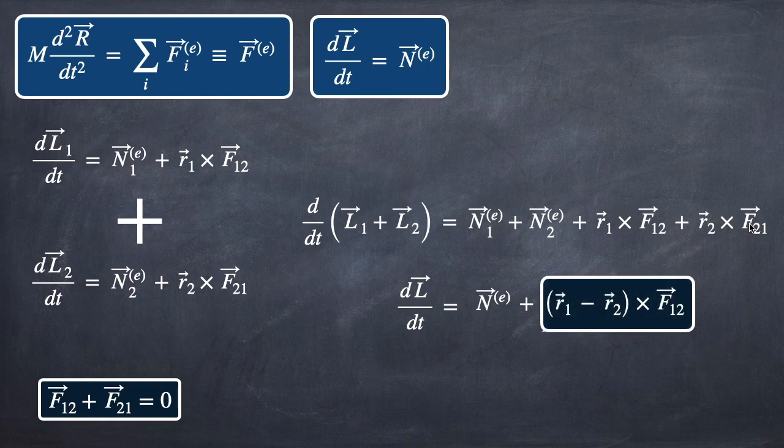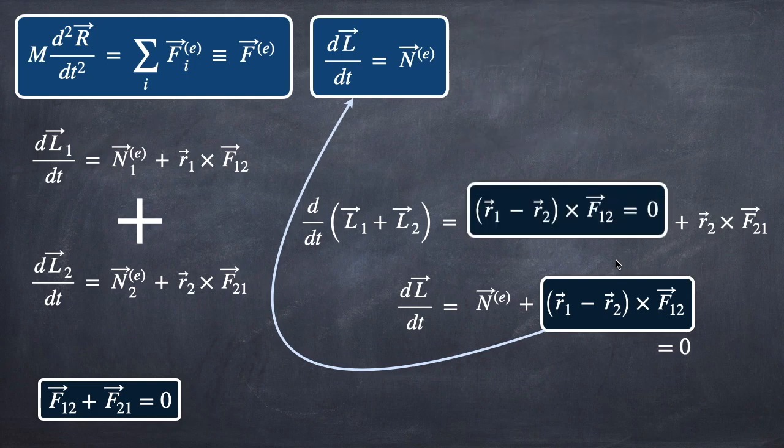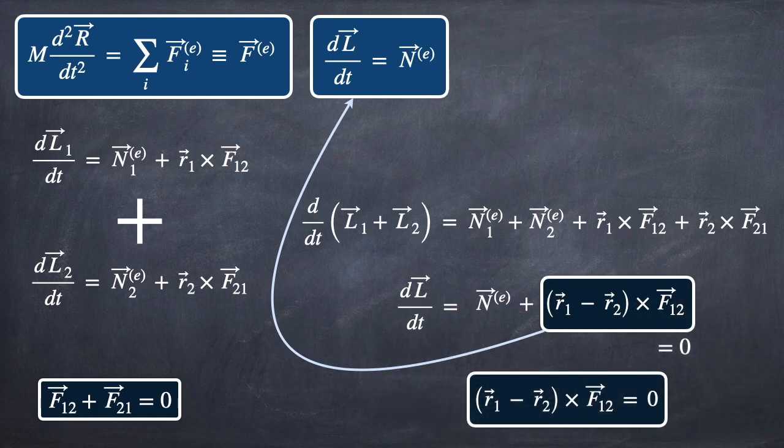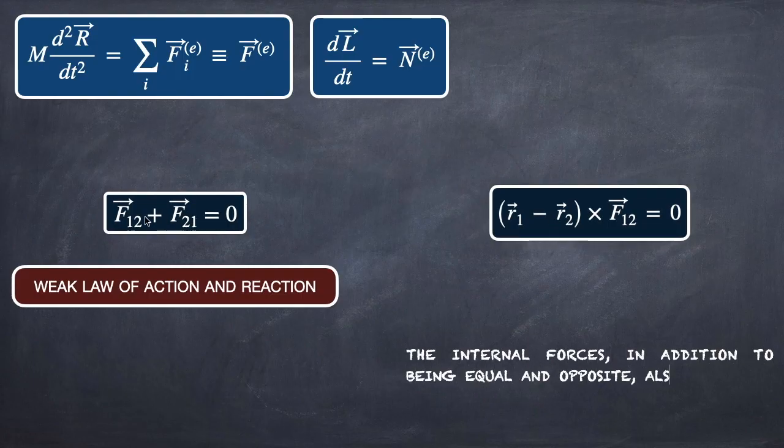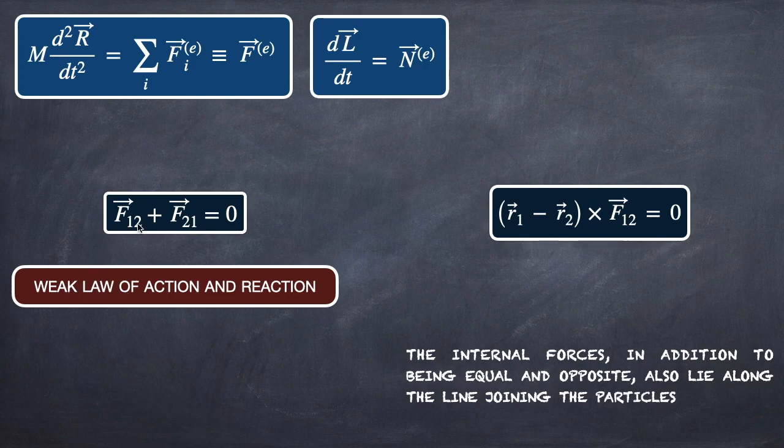Okay, but since this system is known to obey these two equations here, this quantity must be equal to 0, because we know that the time derivative of the angular momentum is equal to the total external torque. Then this quantity must be equal to 0. With the previous equation we concluded the weak law of action and reaction, that the forces are equal and opposite.